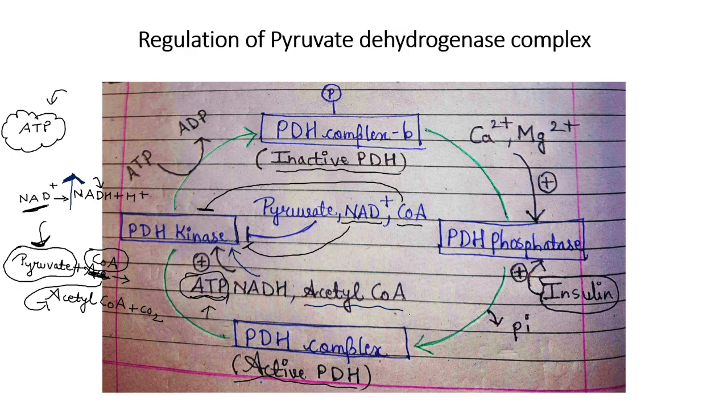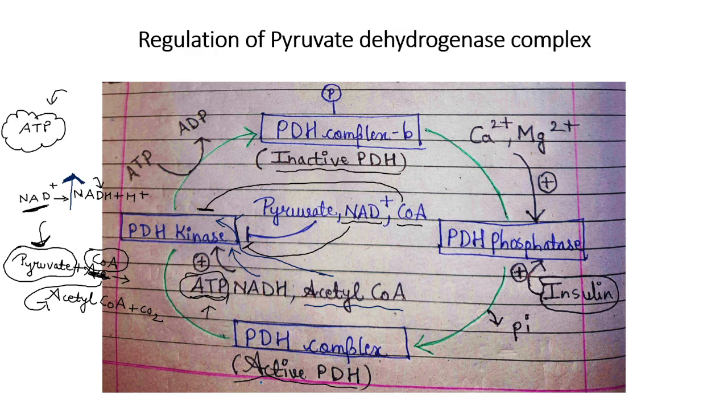So the body will try to inhibit pyruvate oxidation. So this acetyl coenzyme A will promote the activation of PDH kinase. This PDH kinase will convert the active PDH to inactive PDH. Due to this, pyruvate oxidation will not occur, and this is how excess ATP formation will not occur, which is good according to the body. Okay, so this was the logic.